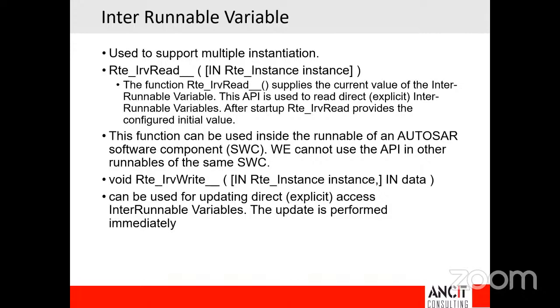It will provide the current value of the inter-runnable variable. The inter-runnable variable is typically called your global variable. In simple C terms, it's the equivalent of a global variable. The idea is how I handle the inter-runnable variable, especially with multiple instances.